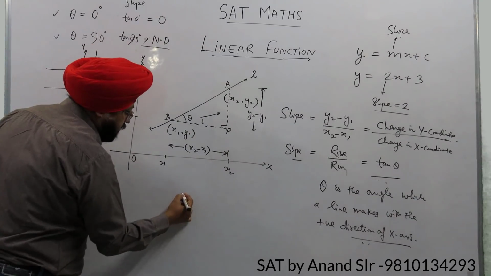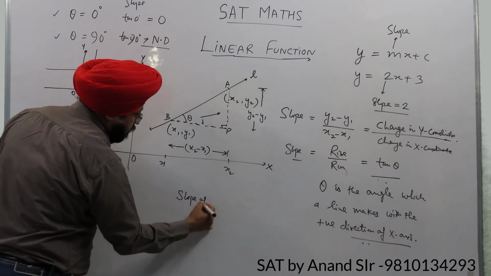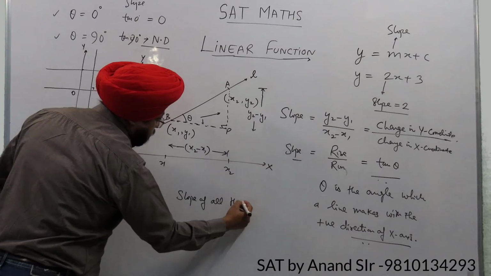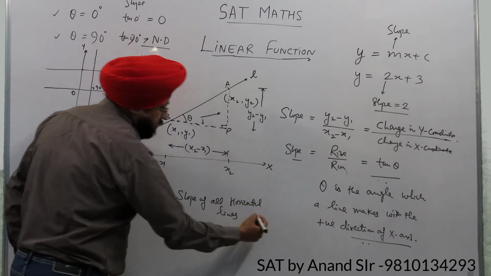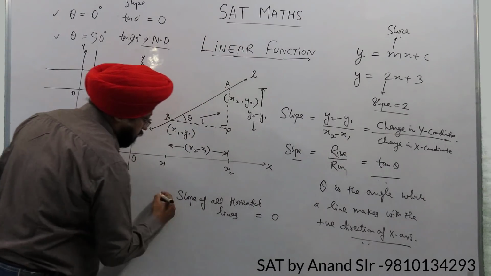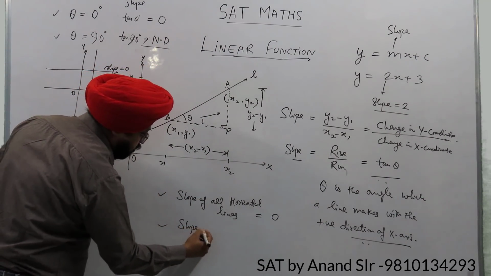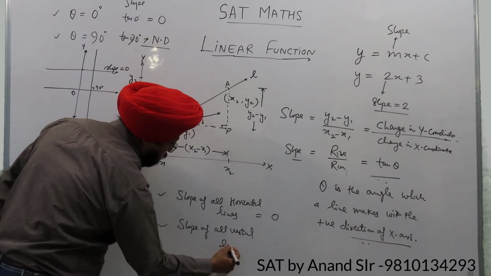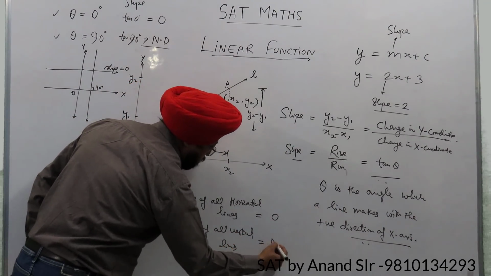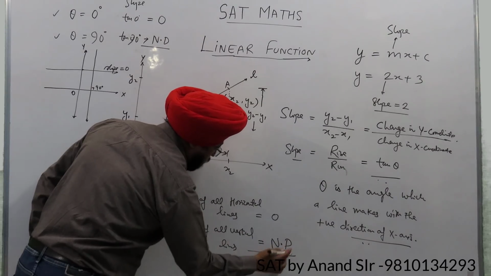So, simply you can write: slope of all horizontal lines, meaning parallel to the x-axis, is equal to 0, and slope of all vertical lines is not defined, it is undefined.